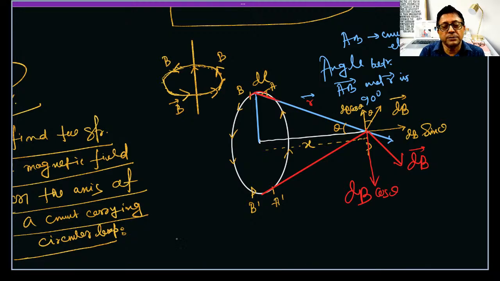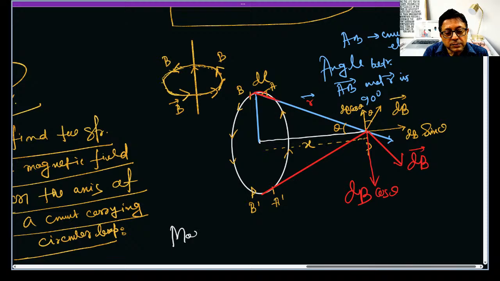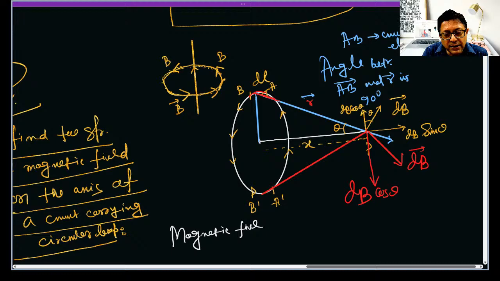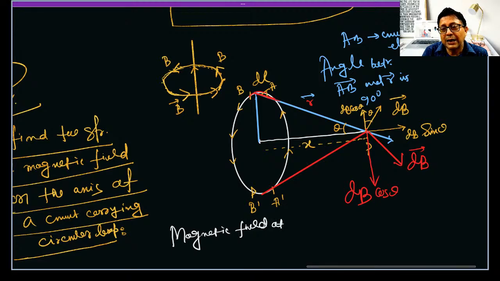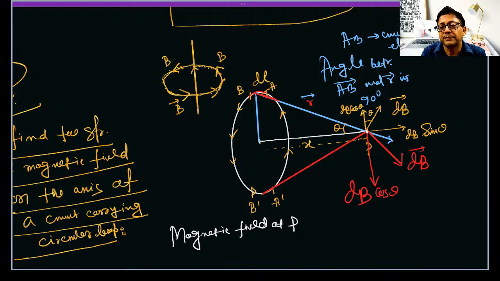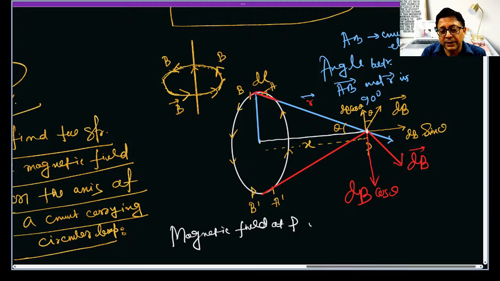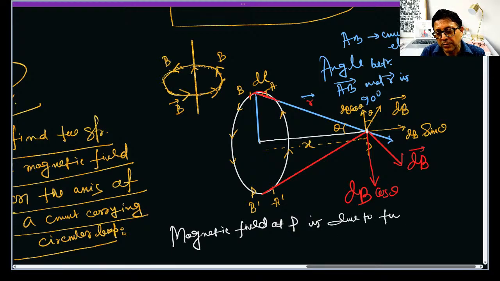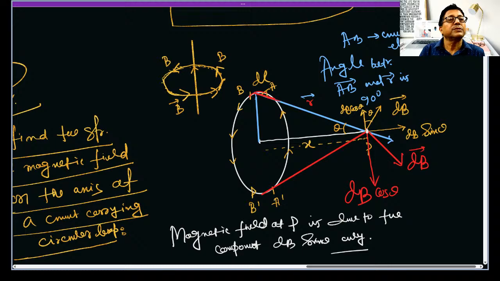So we'll proceed now. The magnetic field at P, this point P is here, is due to the component dB sin theta only.